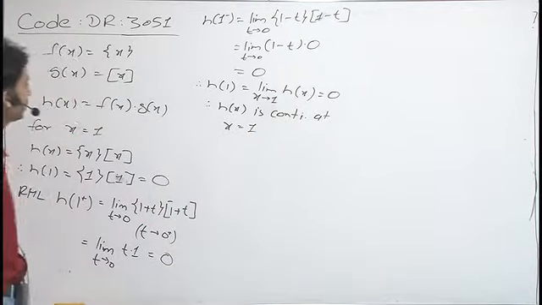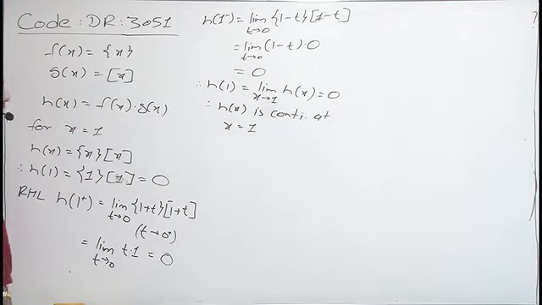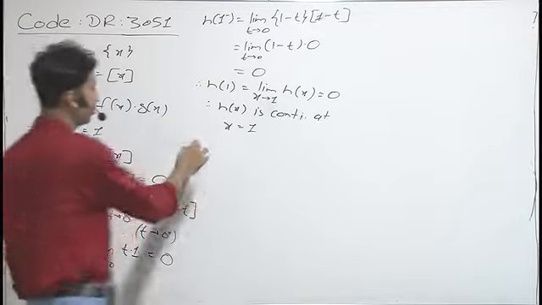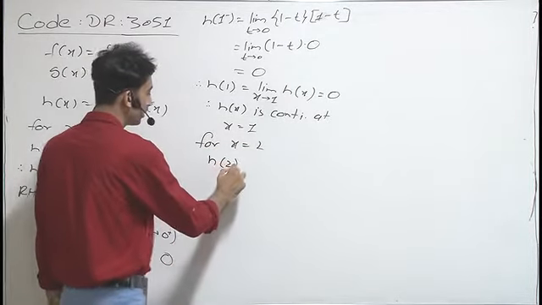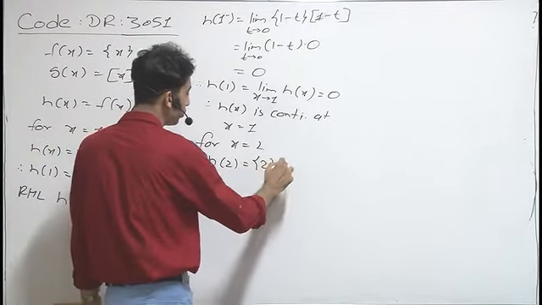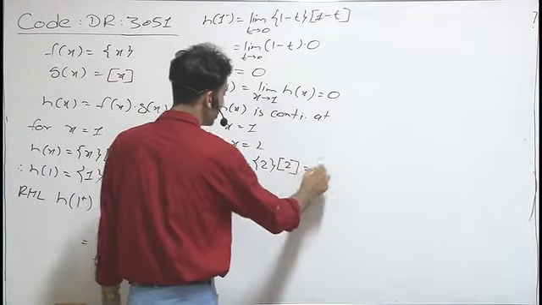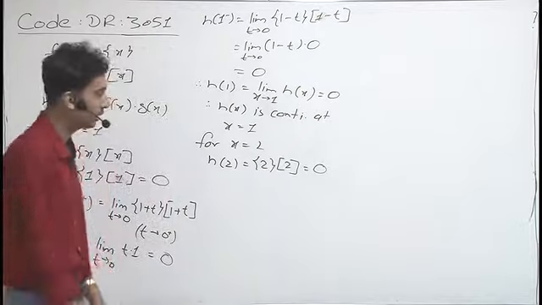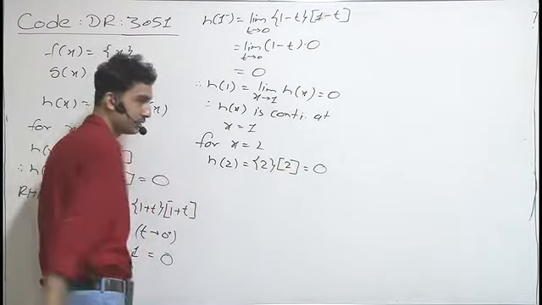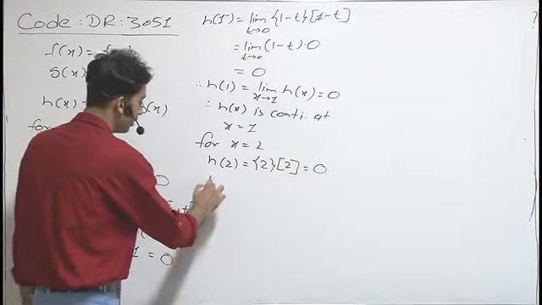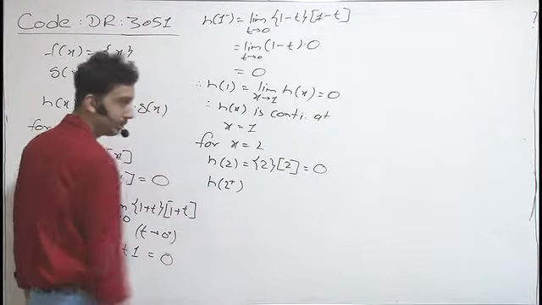Now we will check the continuity of h(x) similarly for x equal to 2. For x equal to 2, h(2) gives us the fractional part of 2 and the box of 2. It gives us result 0, as we know that the fractional part of any integer gives us 0. We'll go for the right hand limit h(2+).